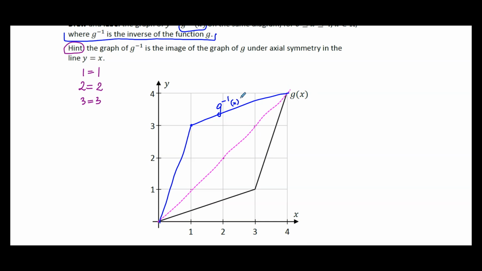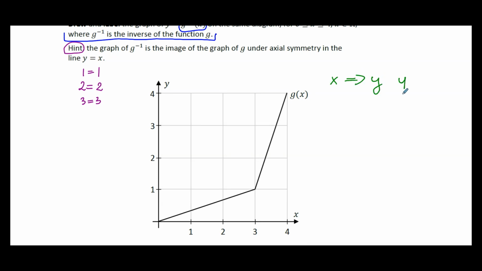However, let's talk a little bit about the inverse version, because not always are we going to have a hint like that, isn't it? For an inverse graph, what happens is that the value of x becomes the value of y, and the value of y becomes the value of x. What does that mean in practice?